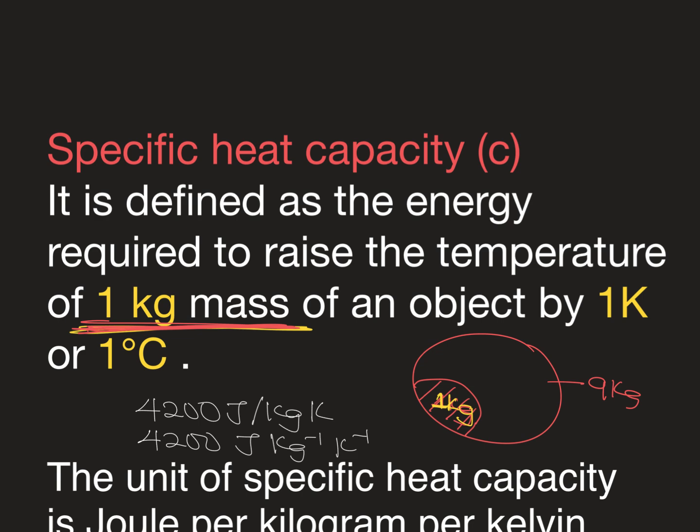Now, what that simply means is that it requires 4,200 joules of heat energy to increase the temperature of 1 kilogram mass of water by 1 Kelvin. If you want, you can say by 1 degree Celsius. Just know that the Kelvin and the Celsius are numerically equal when dealing with heat capacities and specific heat capacities.